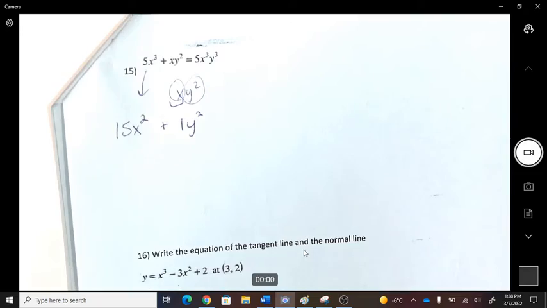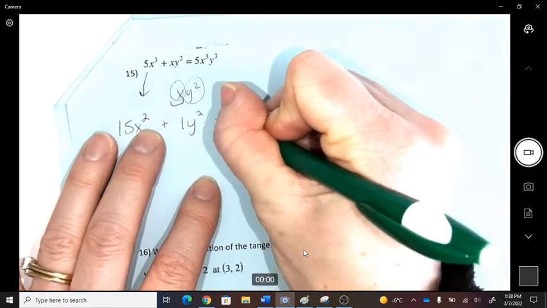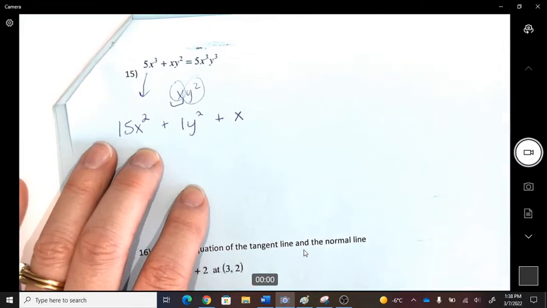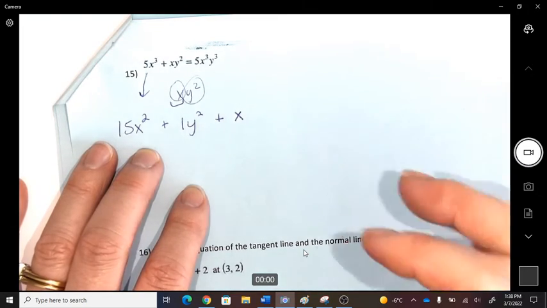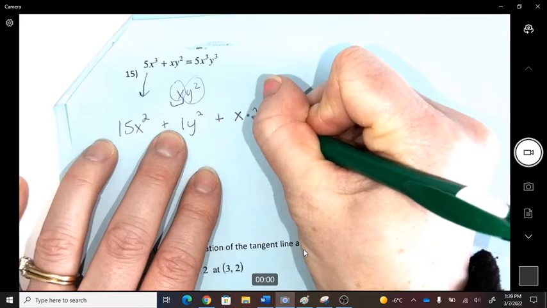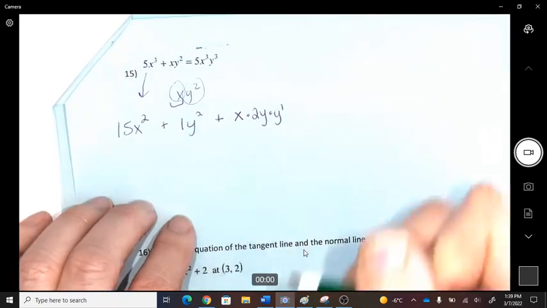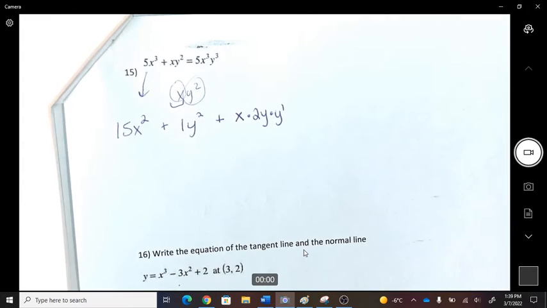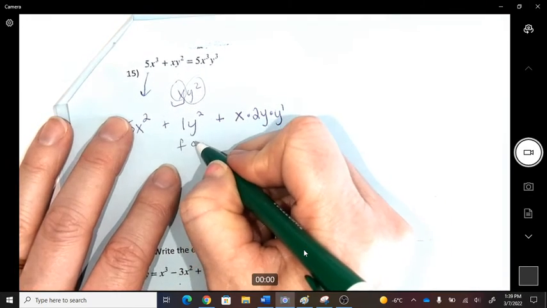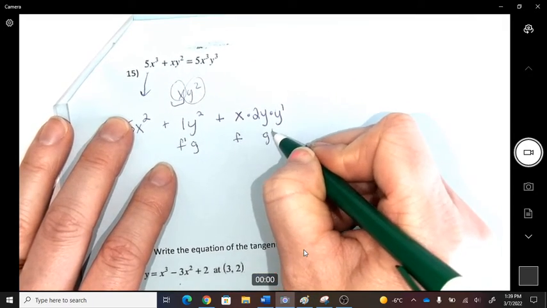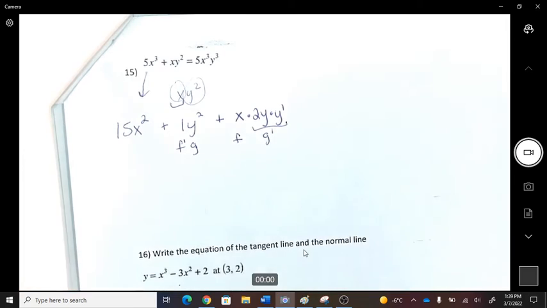Derived the first, kept the second, plus keep the x, derive the y stuff, becomes 2y, but then as soon as you derive a y, you attach a y prime. We're following? This was f, this was f prime, this was g, this is f, this is g prime.